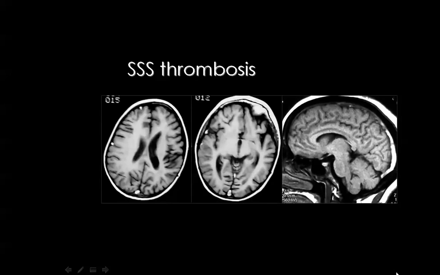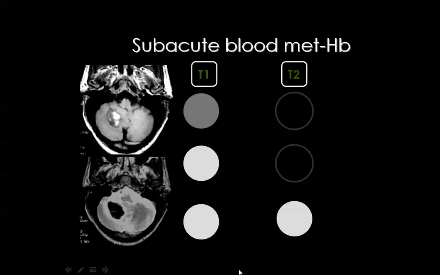Then, if you look here, the superior sagittal sinus contains high signal blood, which means that you are dealing with a subacute thrombus in the superior sagittal sinus. And in the axial images, you see the sinus of bright signal, diagnostic of subacute thrombosis. Also, you can see the veins on the surface of the brain contain a subacute blood signal, high signal in the T1, representing subacute thrombus.